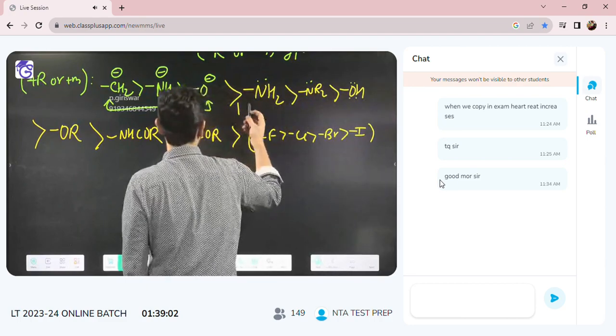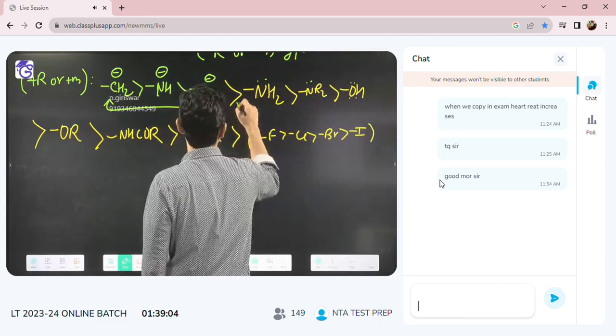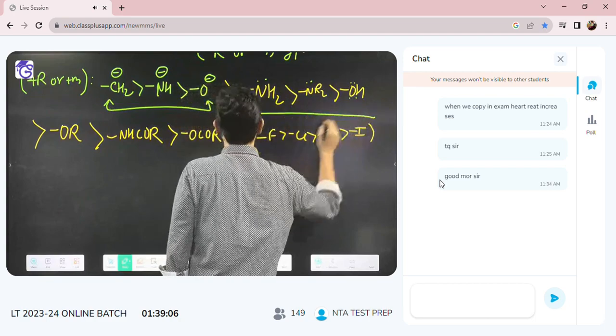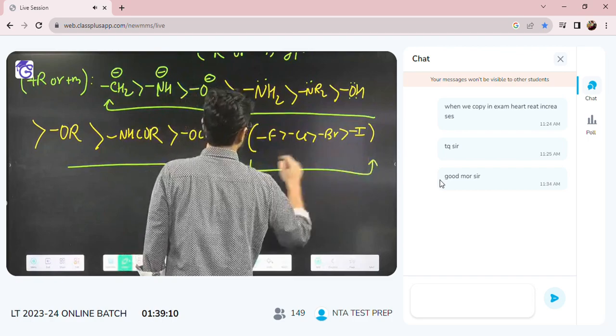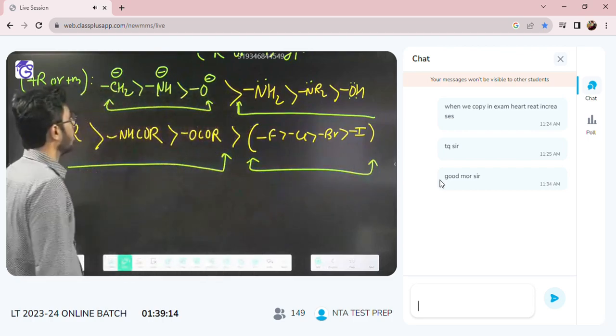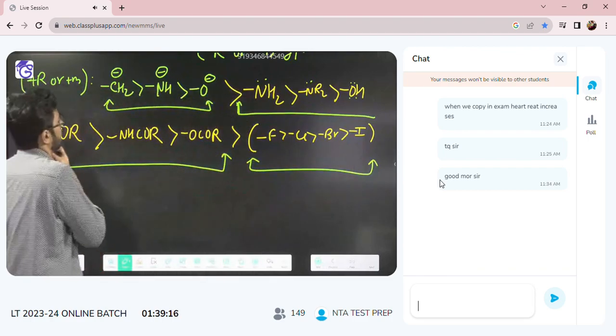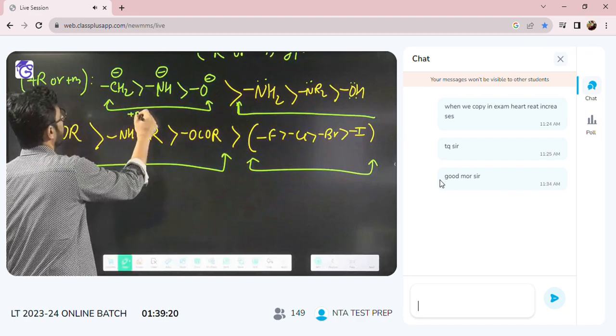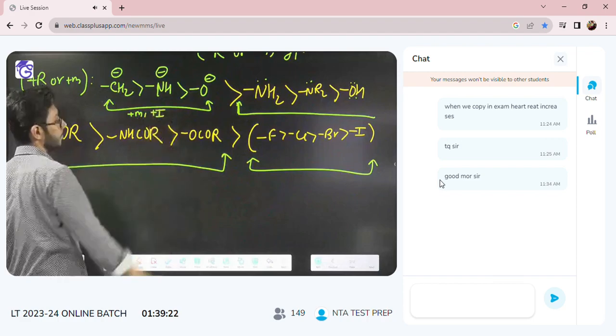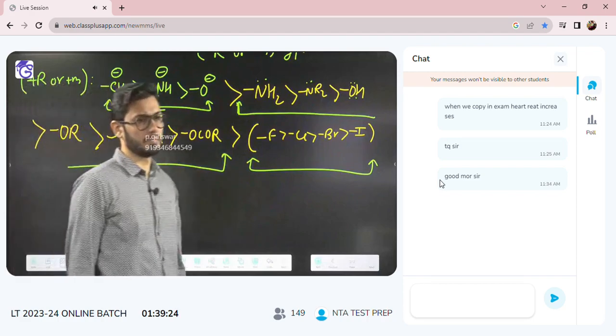Among them, if you observe here, these were also present in inductive, and they are which groups? They are plus I. So they are both.